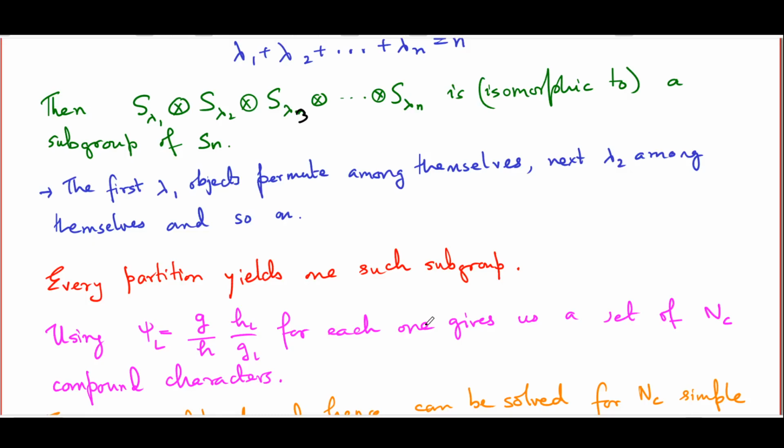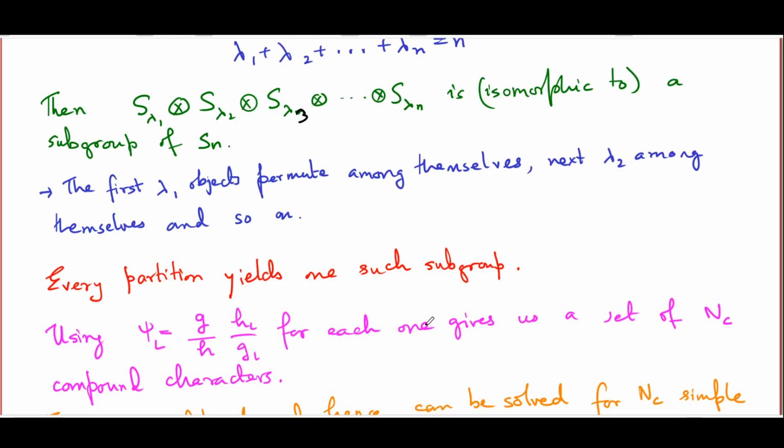We do know that there is a one-to-one correspondence between partitions of the integer n and cycle structures of the permutation group, and hence between partitions on one hand and classes of the group Sn on the other. So we get exactly as many compound characters as there are classes.